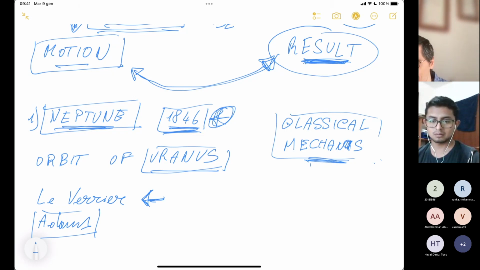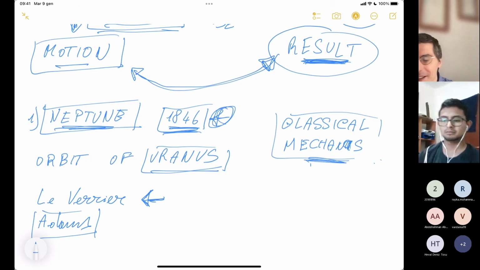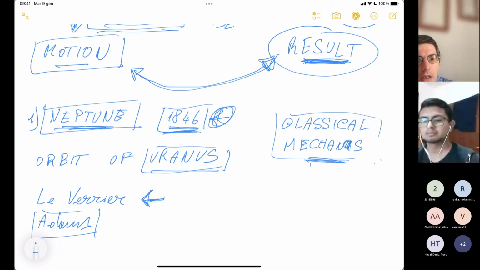So the discovery of Neptune is related to both guys, the French one and the British one. You know, this is just to say that sometimes it's difficult to say who is really the man that discovers something.